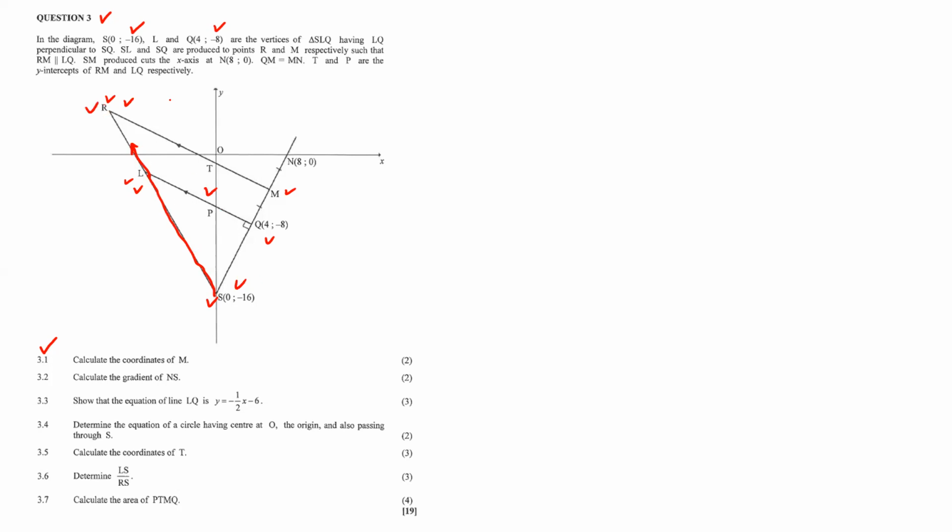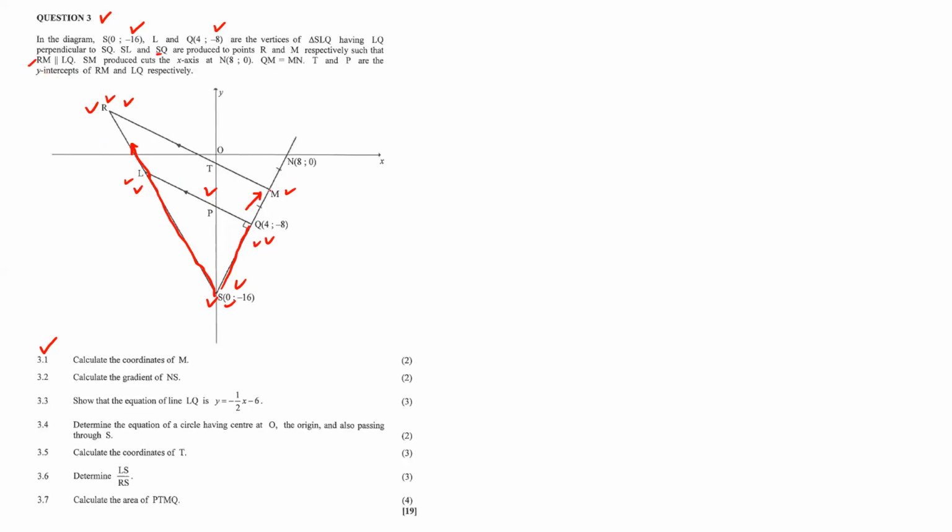But also we have SQ, here is S and here is Q, which is also produced to the point M, such that RM and LQ are parallel.